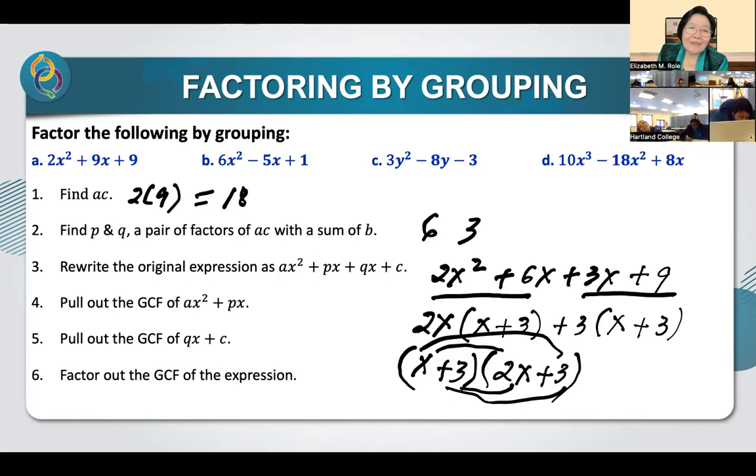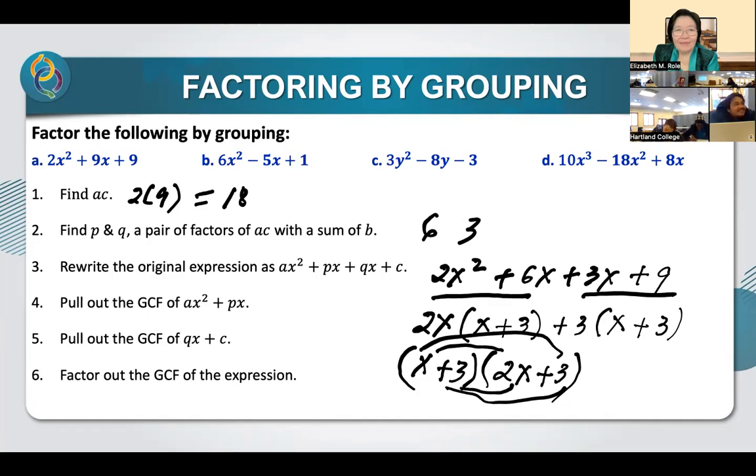Will you please try number 6? I think that one is an easy one. Letter B: 6x squared minus 5x plus 1.